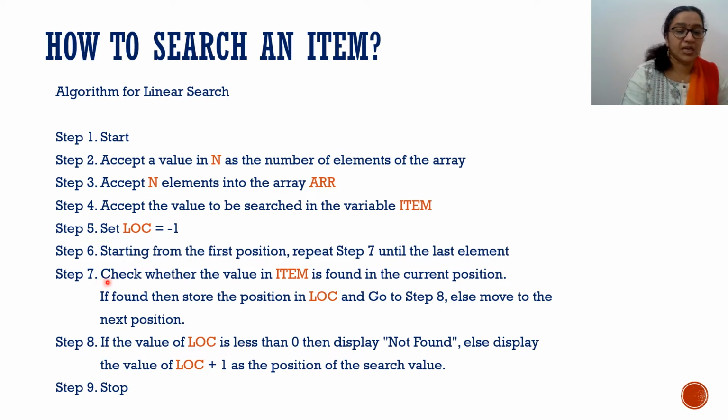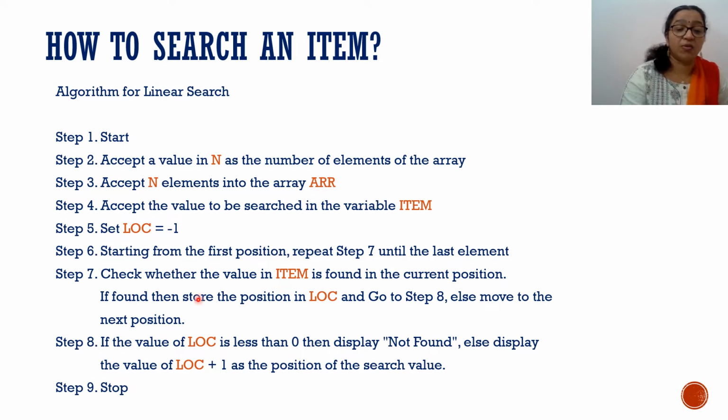Just see. Check whether the value in item is found in the current position. Means now we are at the starting position, 0th position. Is that value equal to the 0th position value? Check whether the value in item is equal to the current position. Current position means, is it in the 0th position?